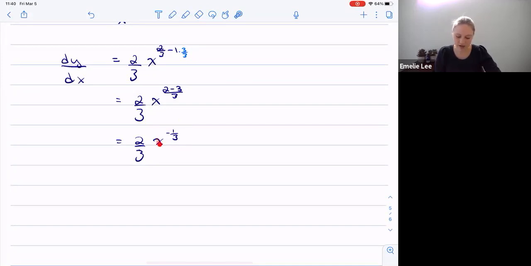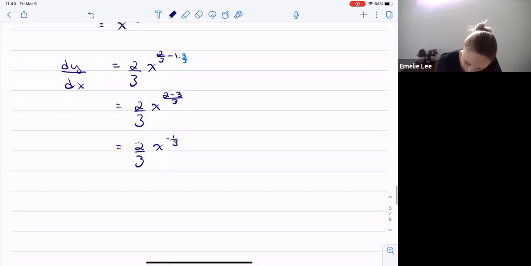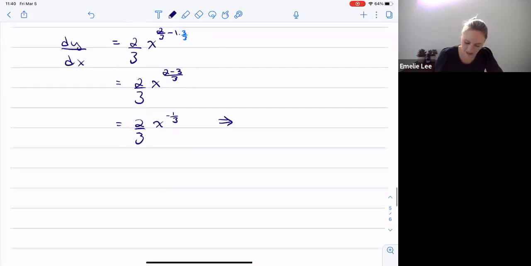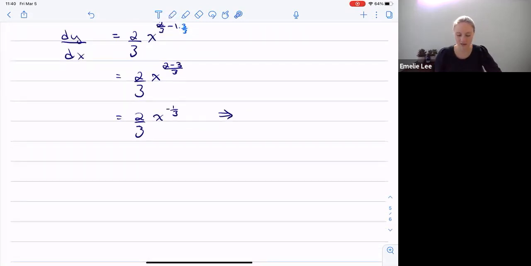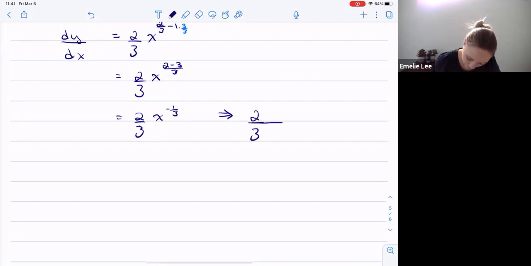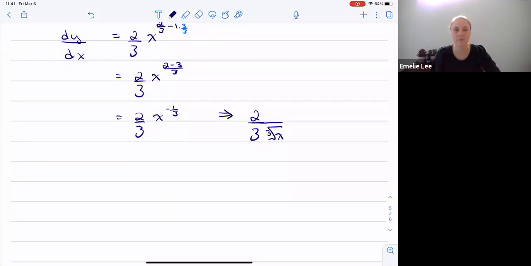This is the same, right? You could probably just leave it here, that's fine, because here you're done, this is it. But if you wanted to rewrite it, this is the same as 2/3 times the third root of x, right?